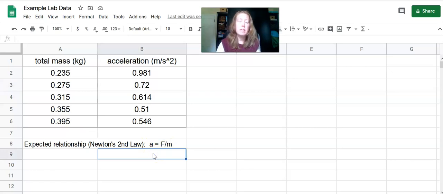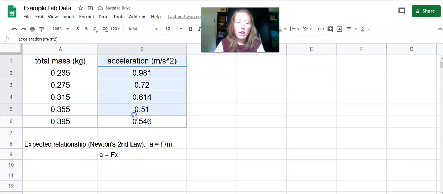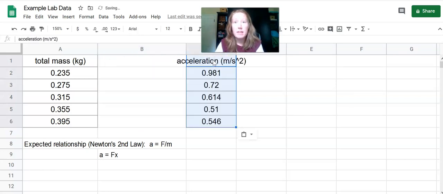Because then what I'm doing is I'm basically saying I'm going to make a new variable called 1 over mass, and that's going to be my x. That way I'll have A equals Fx, okay? So then I can find what F is, for example, and I can verify whether this is truly the relationship I think it is.